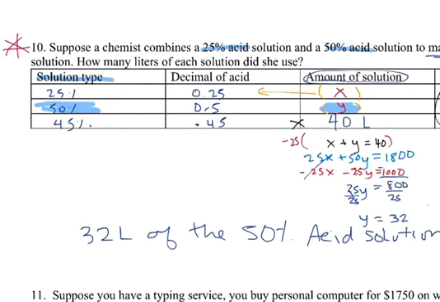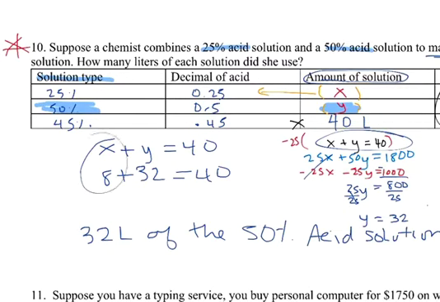And let's find how many of the other one. I'm going to use x plus y equals 40. Well, if y is 32, x has to be 8, right? To equal 40. So x is 8.